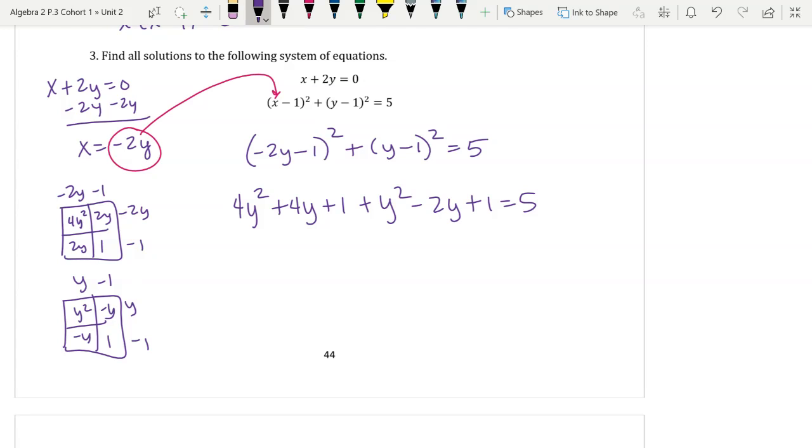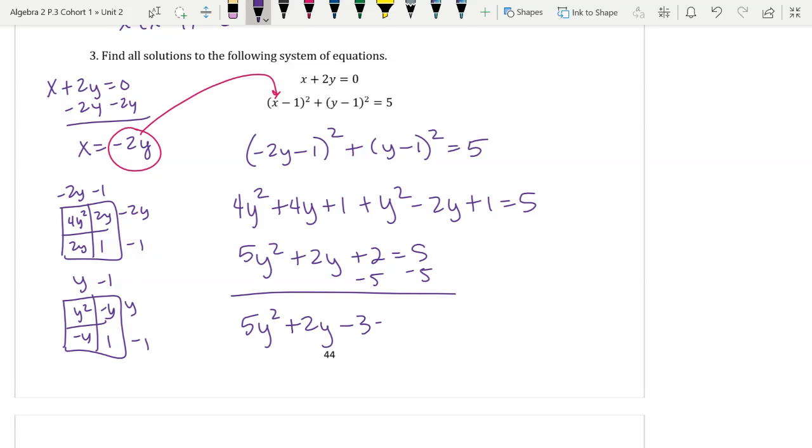Combine up all your like terms, we have 5y squared plus 2y plus 2 equals 5. Subtract 5 to the other side. And now I have 5y squared plus 2y minus 3 equals 0. If you got that there, you're in really good shape. We just have to factor from this point.